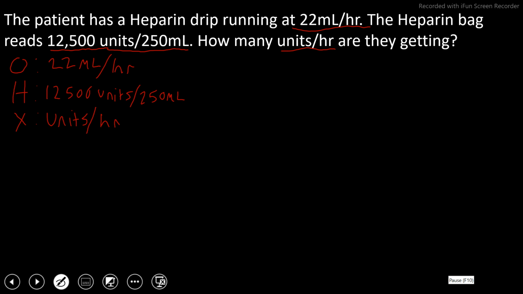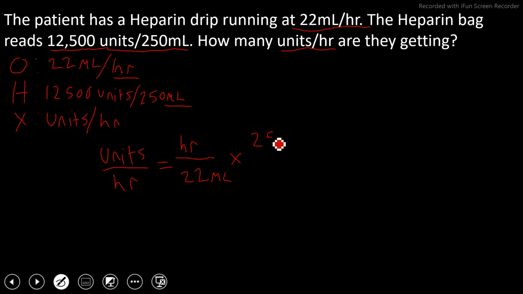So we start off with what we want to end up with. So we'll put units per hour equals, we want to find something with hours, which we have up here. So 1 hour over 22 ml times, let's get rid of the ml, we have it there, so 250 ml over 12,500 units.